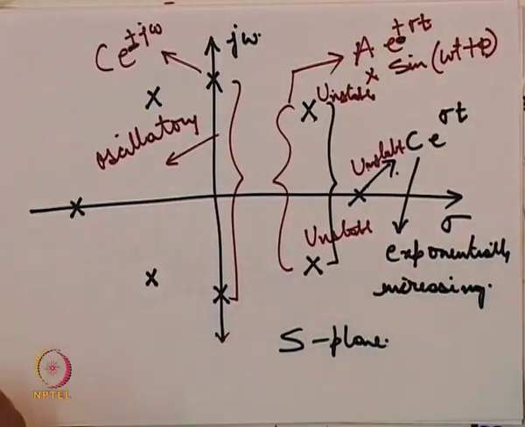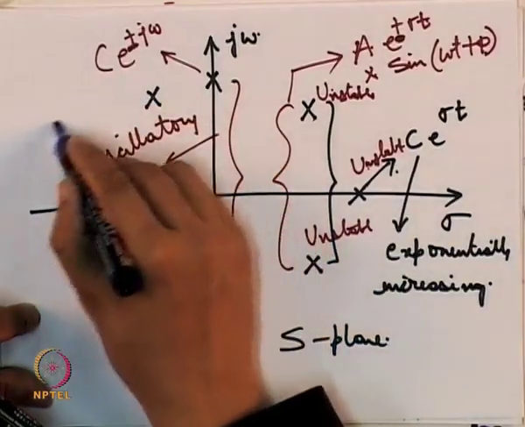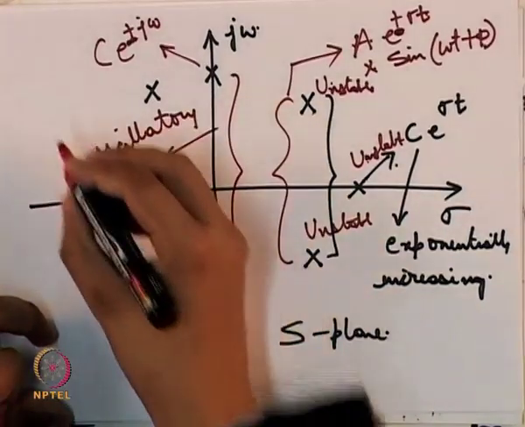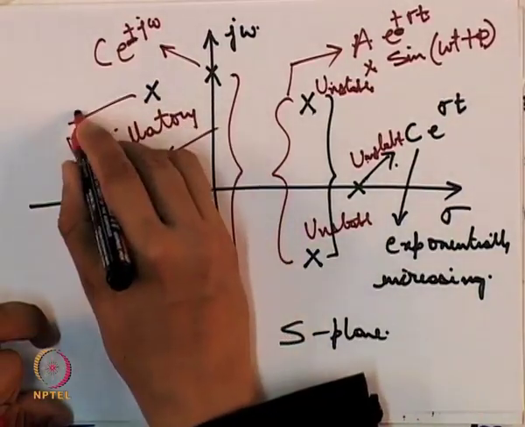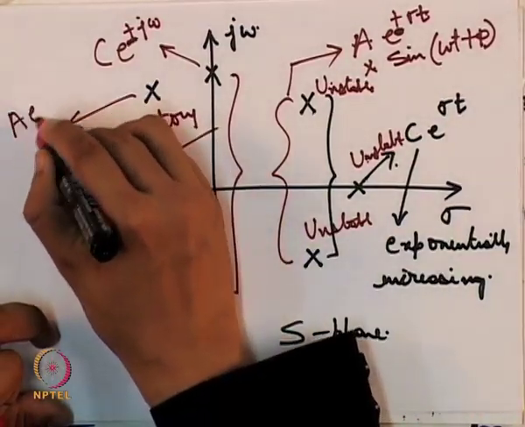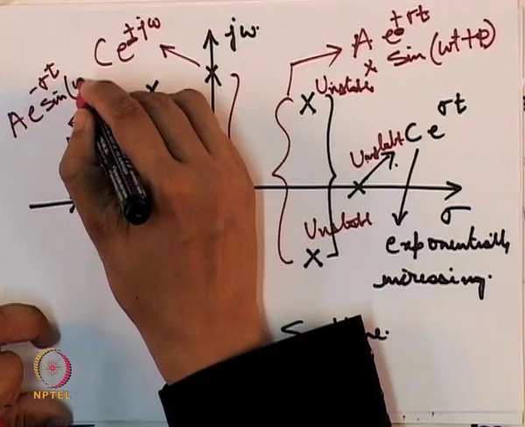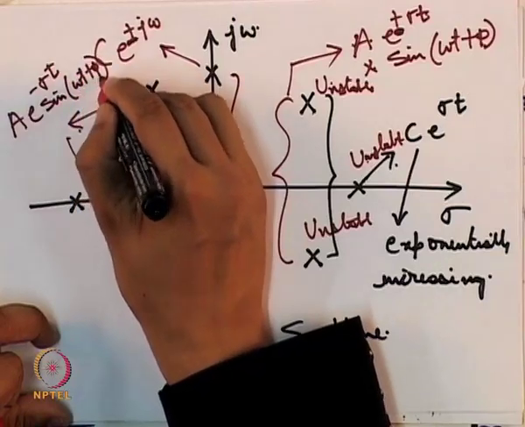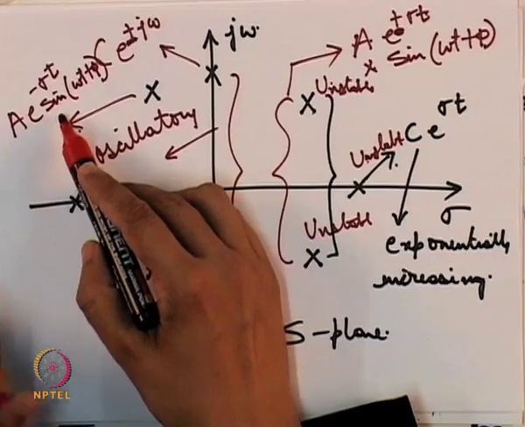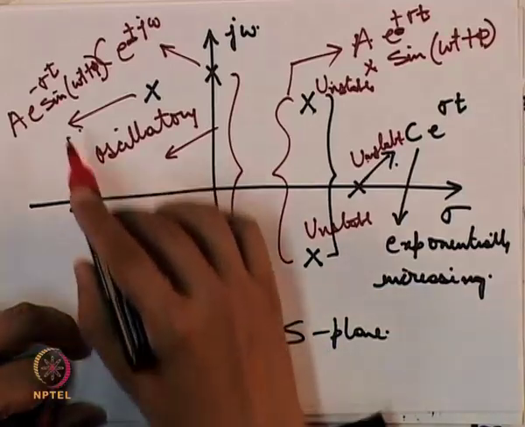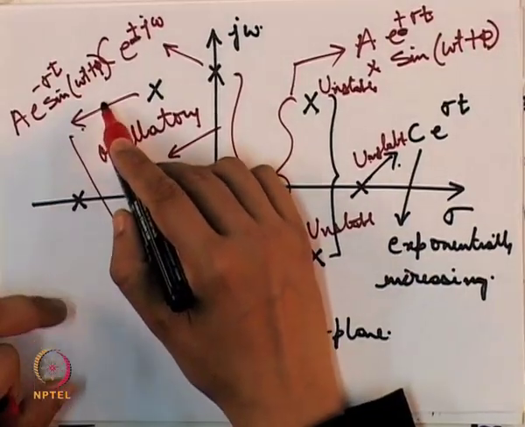What about these two cases? Suppose your poles are at these two positions, then your output will be of this nature. This represents a sinusoid whose amplitude progressively goes on decreasing with time.